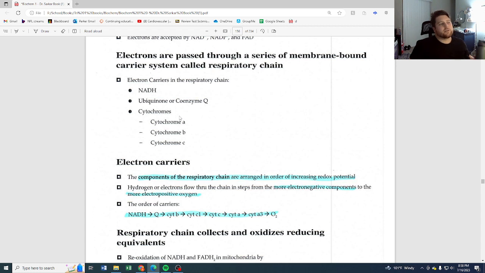So the electrons are transported through a series of membrane-bound carrier systems called the respiratory chain.